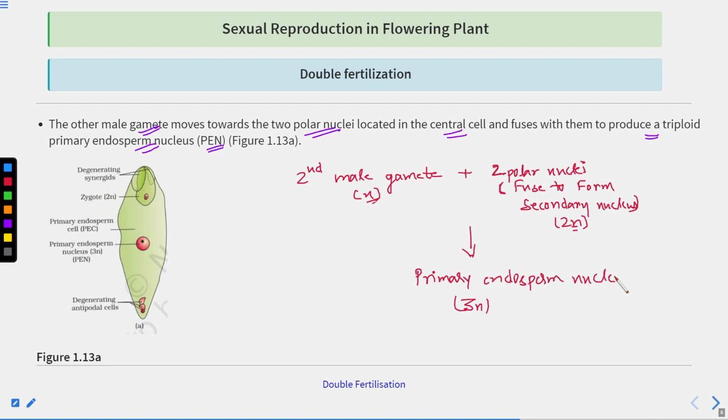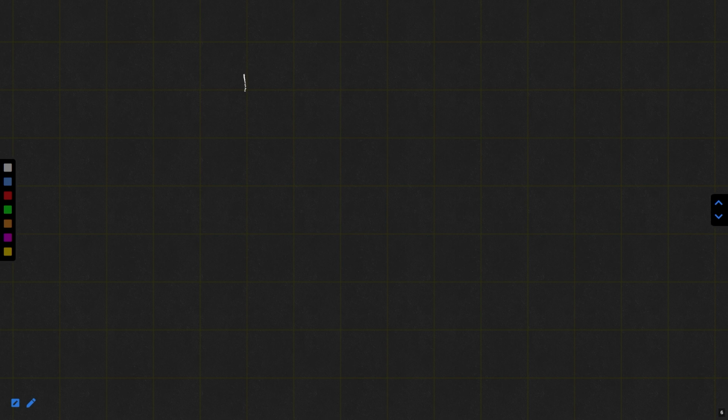Okay, this is the primary endosperm nucleus, and it is a triploid structure. So this process is known as triple fusion, and collectively both syngamy as well as triple fusion is known as double fertilization. Clear?